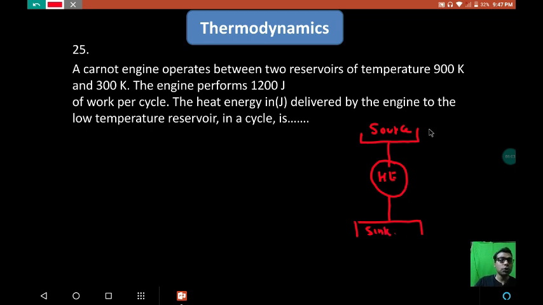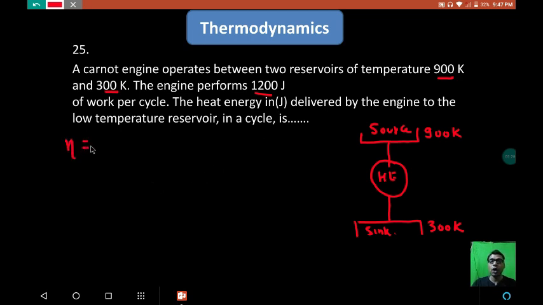The source is at the higher temperature, 900 Kelvin, and the sink is at the lower temperature, 300 Kelvin. So here it is given that the two reservoirs are at 900 and 300. Now the engine performs 1200 joules.